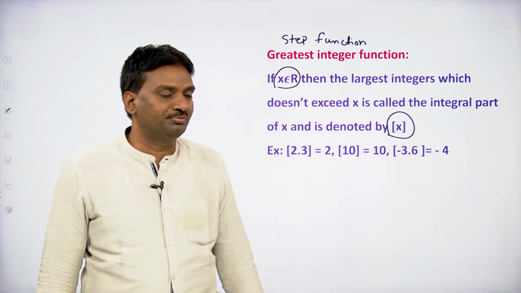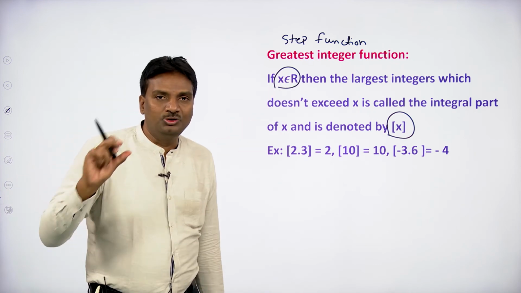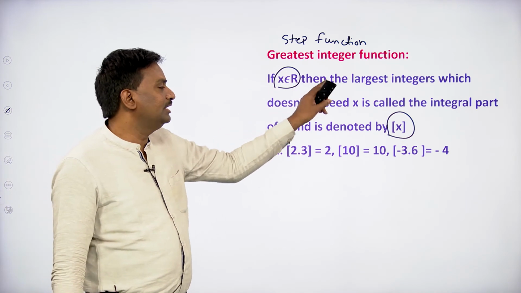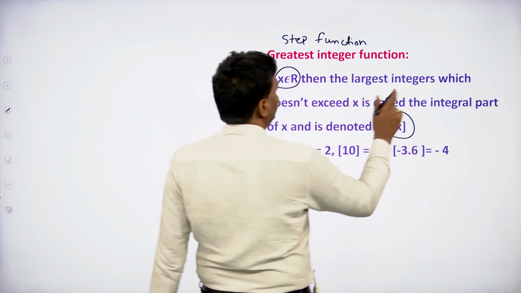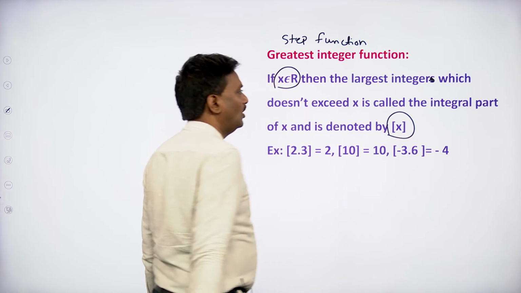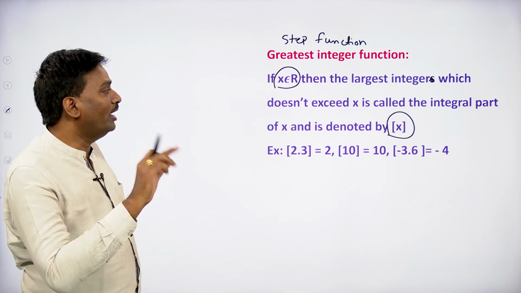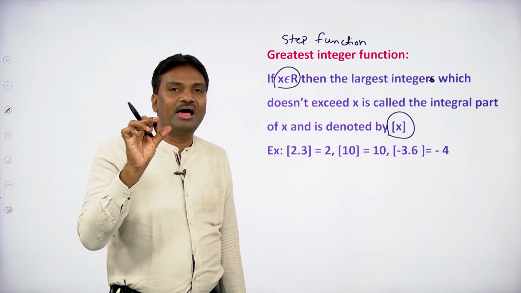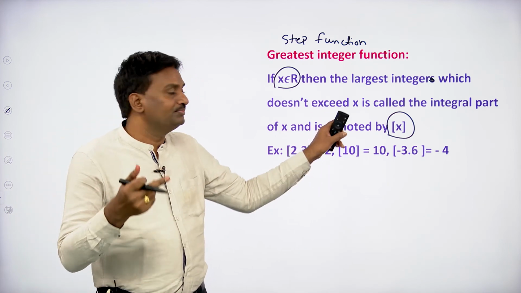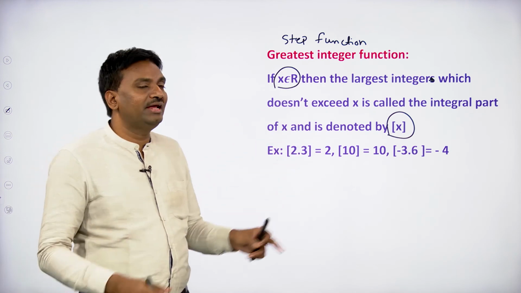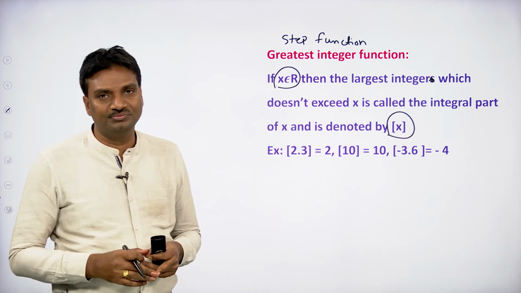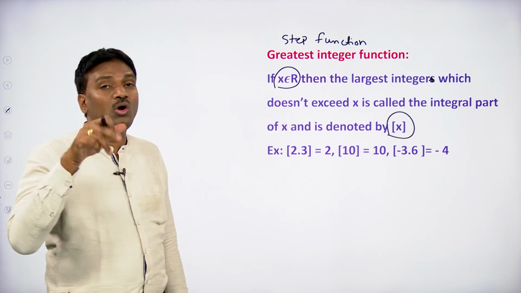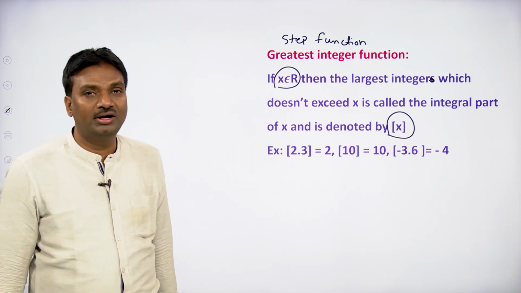Or simply we can read that as step x. So if x is any real number, you may take a positive real number, negative real number or 0, then the largest integer which does not exceed x is called the integral part of x. Don't take a value that exceeds x.